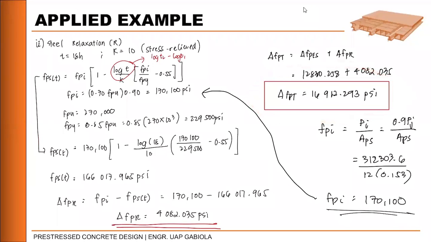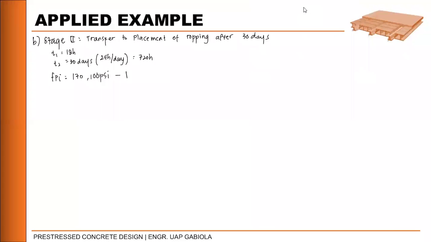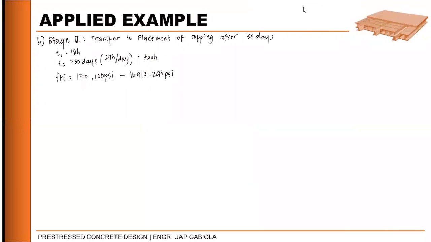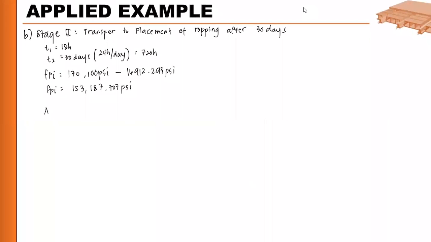So 16,912.293 PSI. Okay? So yung FPI na natin during stage 2 will be the difference of this one, which is 170,100 minus 16,912.293. That is equivalent to 153,187.707 PSI. Okay?